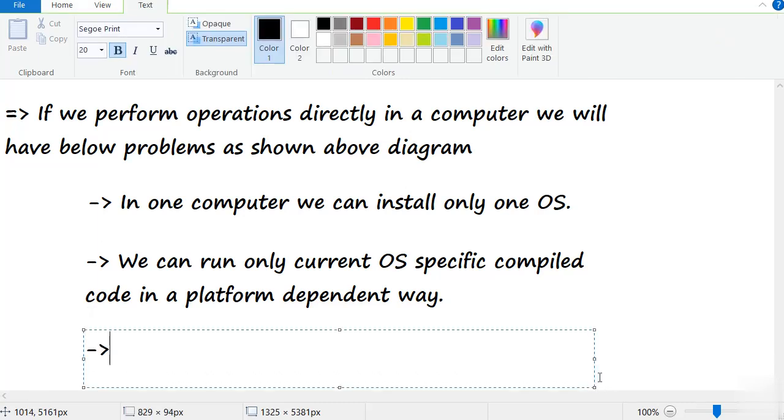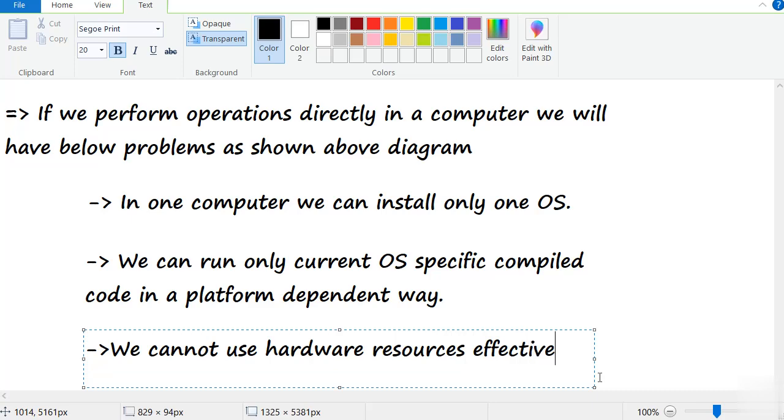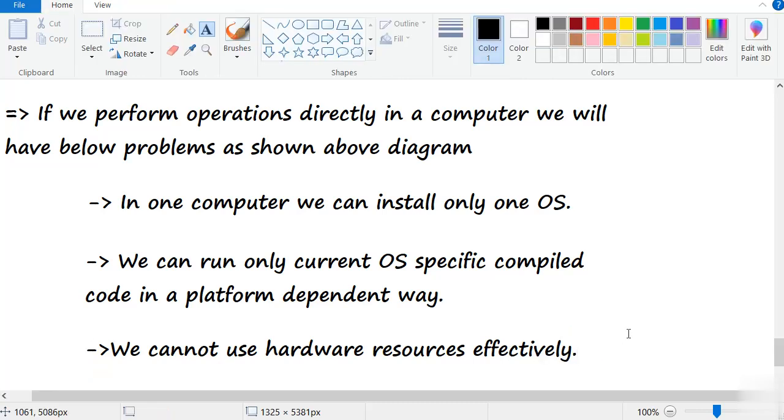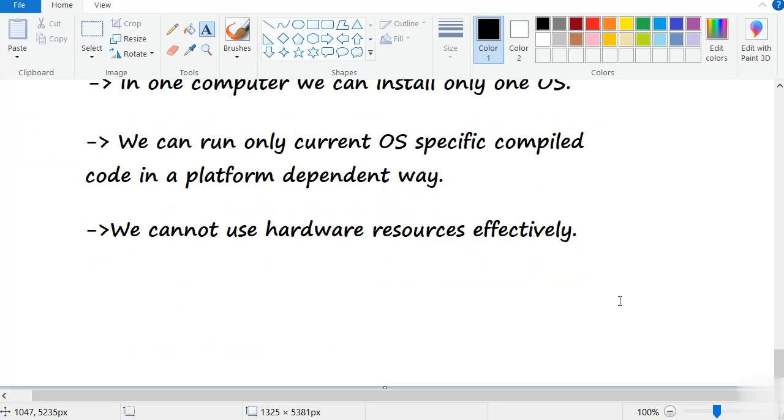Next, we cannot use hardware resources effectively. So these are the problems if we use non-virtualized computers. But nowadays no one is using non-virtualized computers. Nowadays all the computers are virtualized computers.